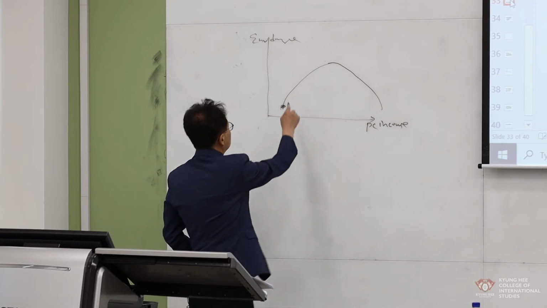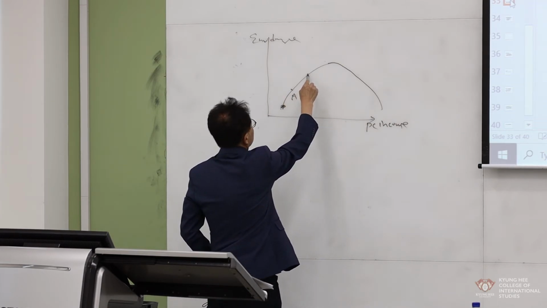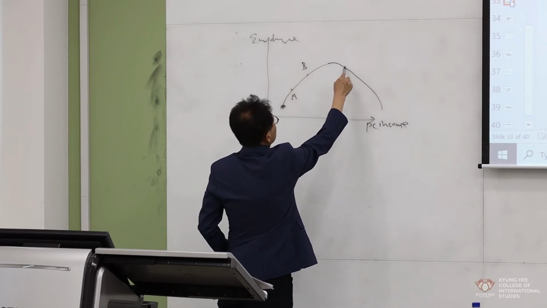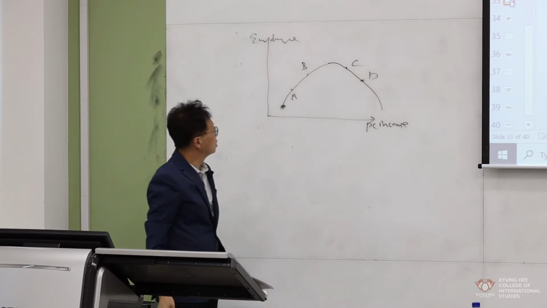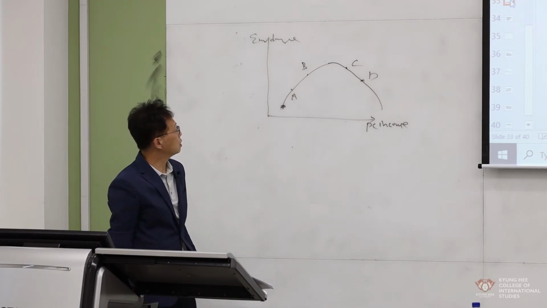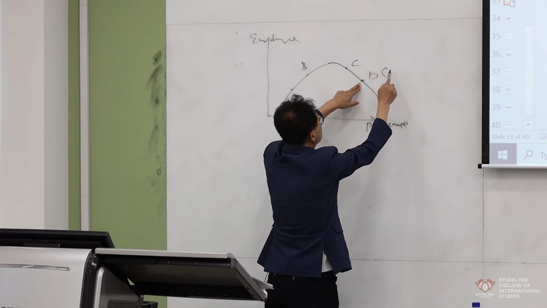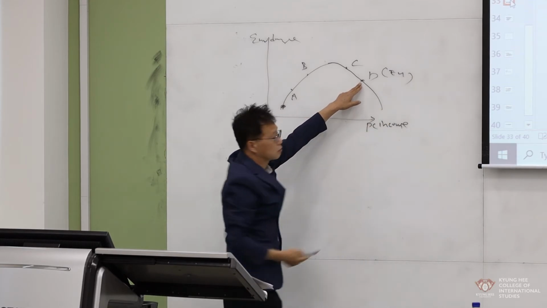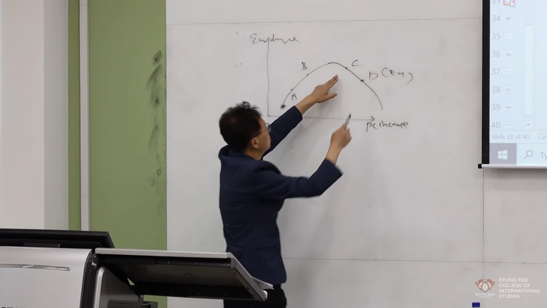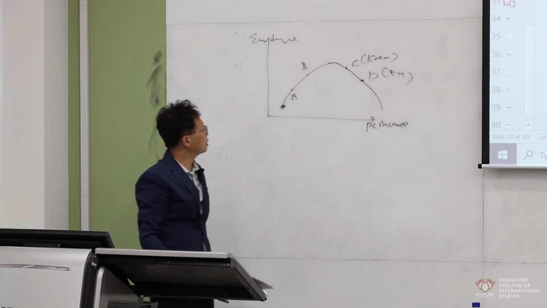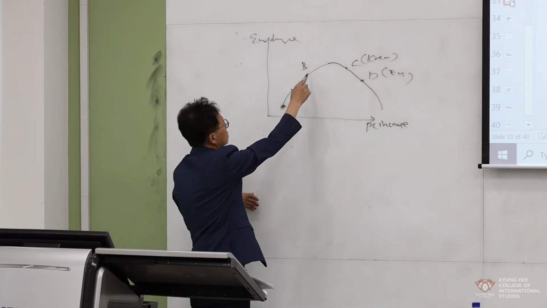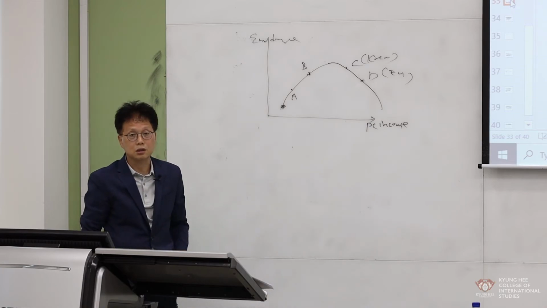Now think about A, B, C, D, right? Maybe the EU is located near here, right? And Korea may be near here, right? What happened in China? China should be at this stage like this.